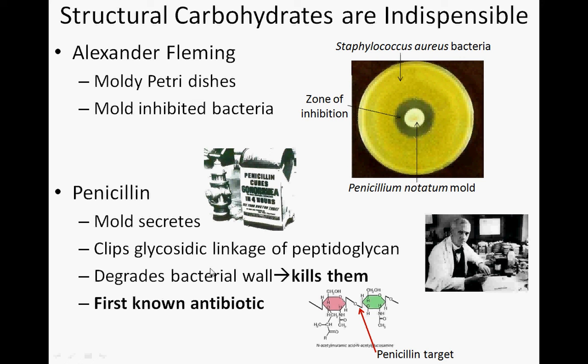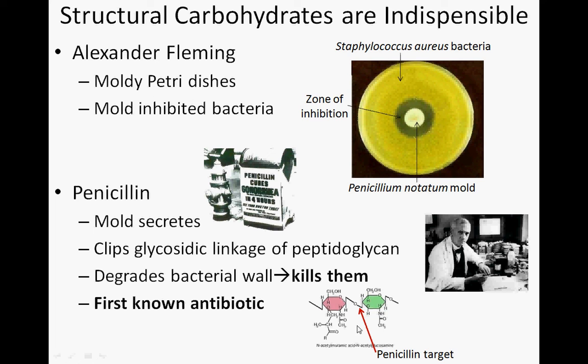It turns out that this compound, penicillin, is able to clip glycosidic linkages present in peptidoglycan. So it targets these beta-1,4 linkages, cuts that linkage, and takes what should be a nice, strong, solid structural carbohydrate and turns it into individual monomers.